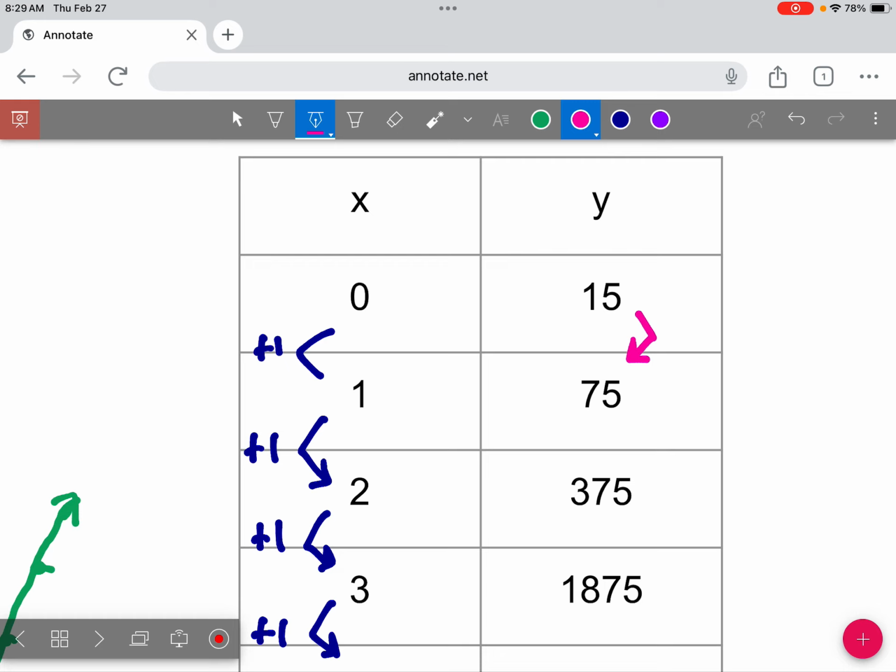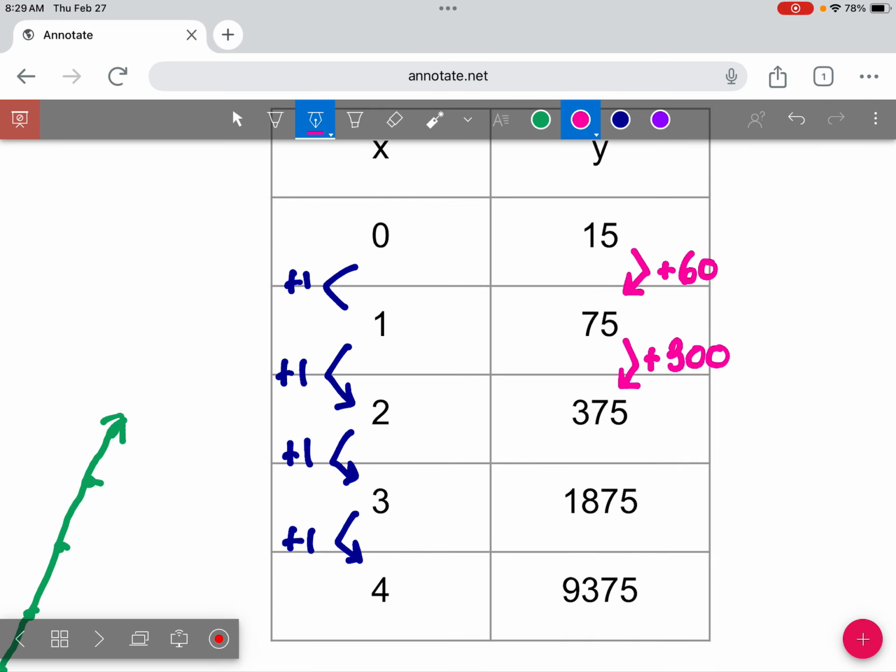15 plus what gets me to 75? Plus 60. 75 plus what gets me 375? 300. 375 plus what gives me 1875? 1,500.